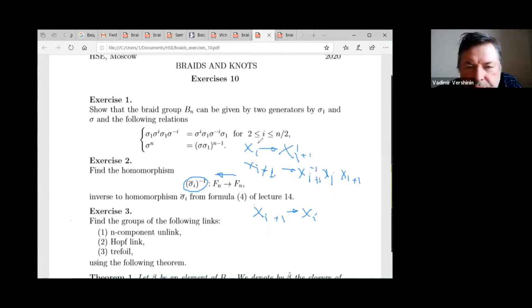Because we actually need to have the opposite homomorphism. x_i goes to x_{i+1}, then x_{i+1} goes to x_i, because we need that x_i should be identical here, right? This is evident.